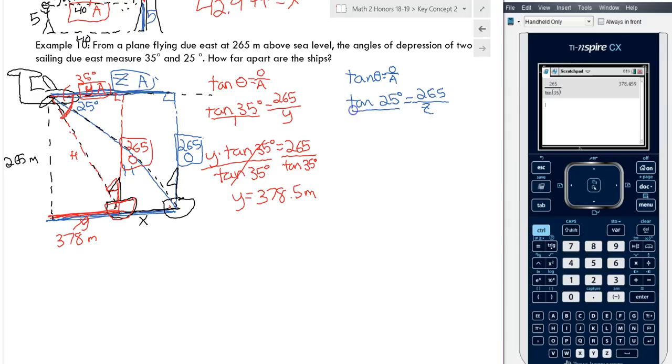It's almost the same problem again, just with a different angle. So I have z times the tangent of 25 degrees equals 265. I'm going to divide by the tangent of 25 degrees. So z equals 265 divided by the tangent of 25.